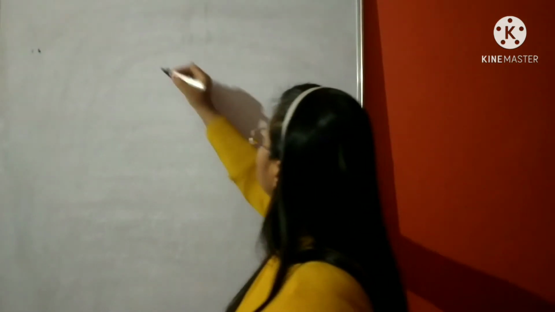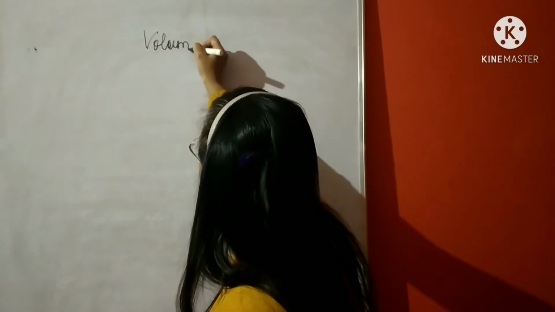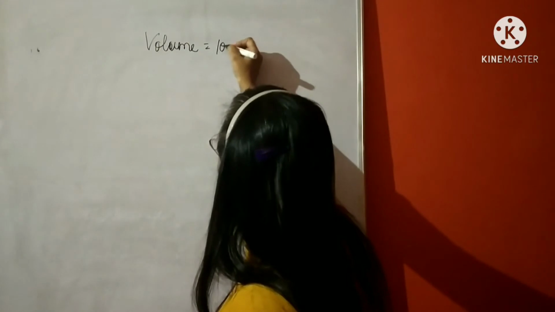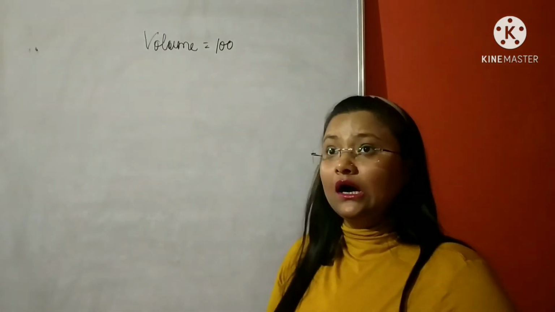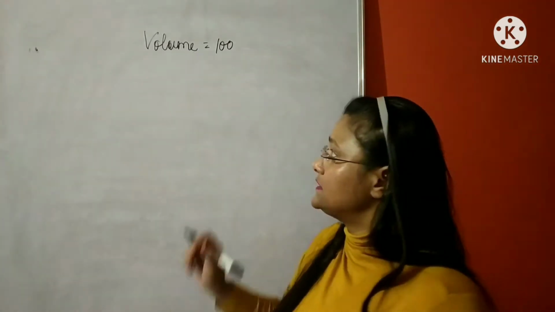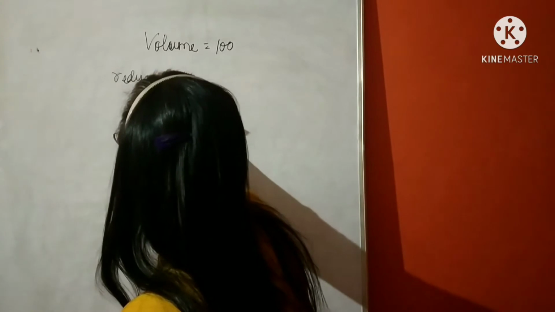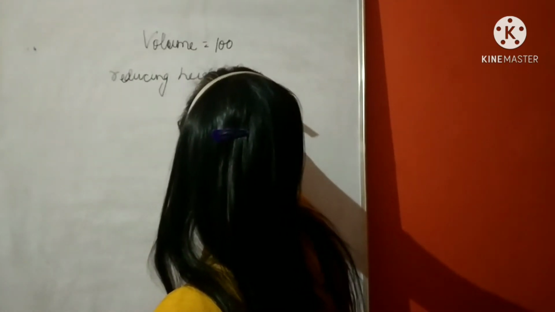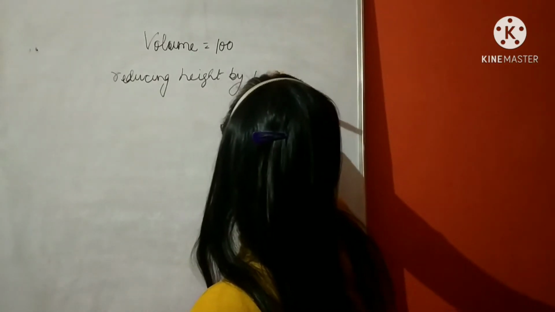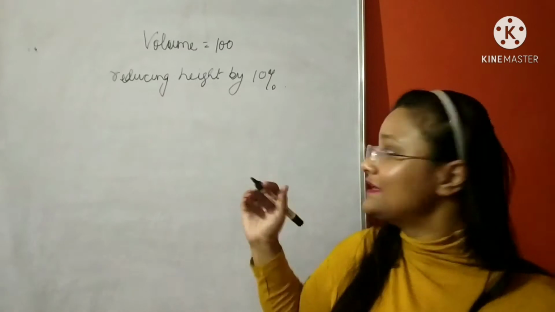Like, if we are given that the volume is 100, and they are asking us, we are reducing the height by 10%. Then what will be the resultant? In this case also we can use the same method.